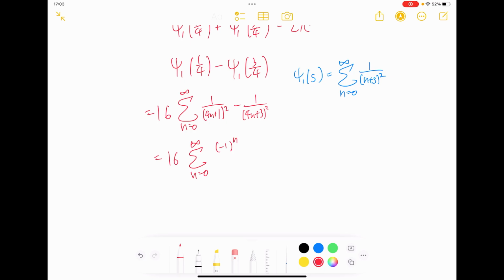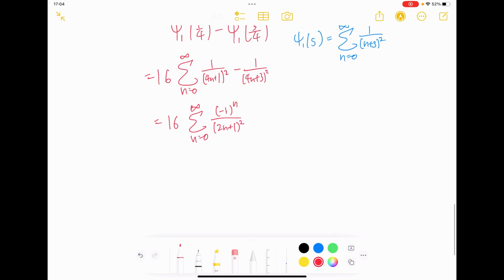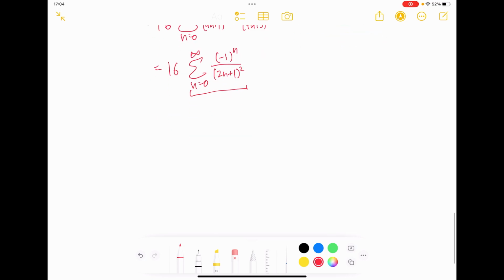We notice that this sum is exactly equal to G, which is called Catalan's constant. It pops up everywhere when you're doing integrals of this type. So that's going to be 16G.